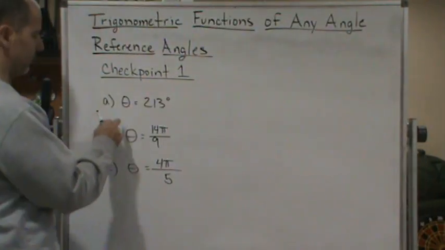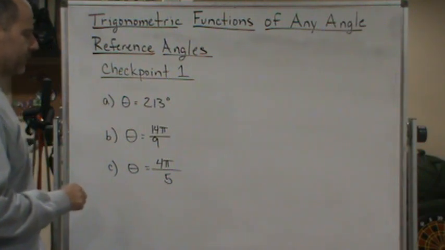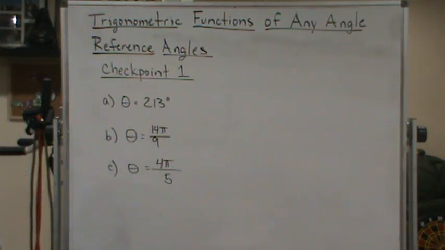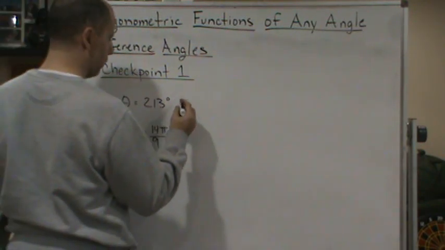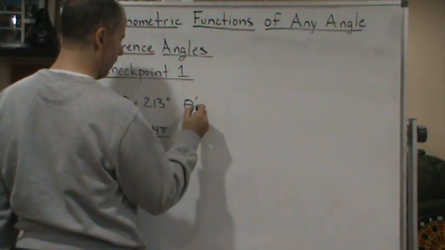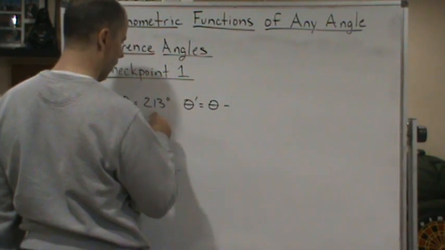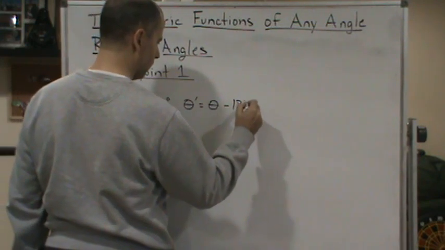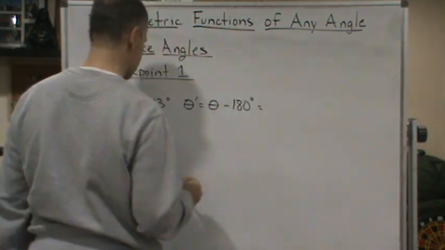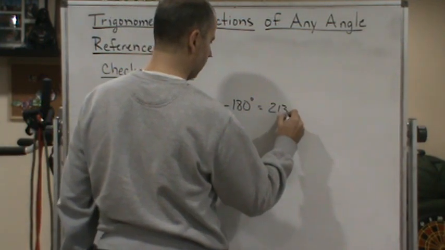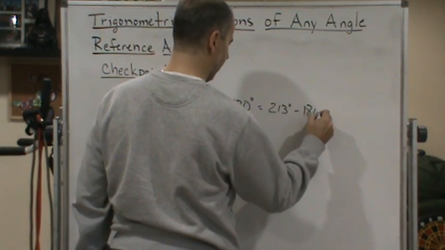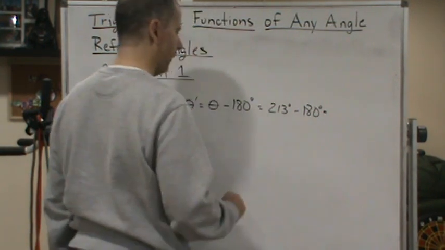So part A, we got theta is equal to 213 degrees. This is definitely in the third quadrant. So now, since we know it's in the third quadrant, we're going to use theta prime equals theta minus 180 degrees, since we're dealing with degrees, which is going to equal 213 minus 180 degrees, okay?